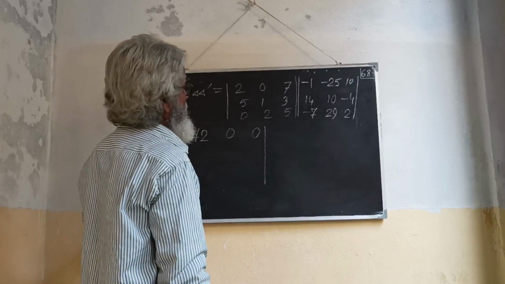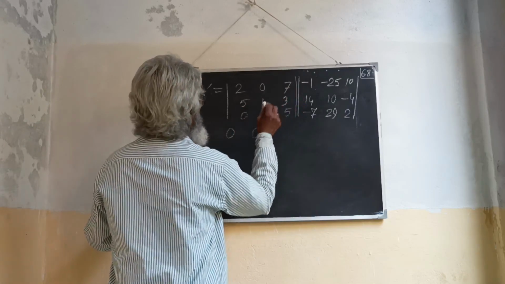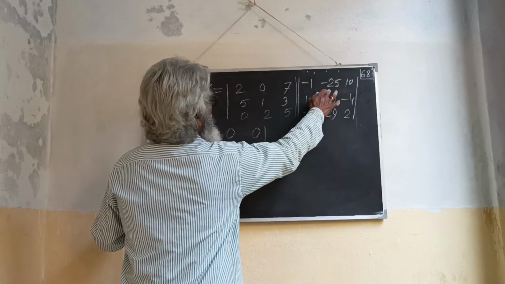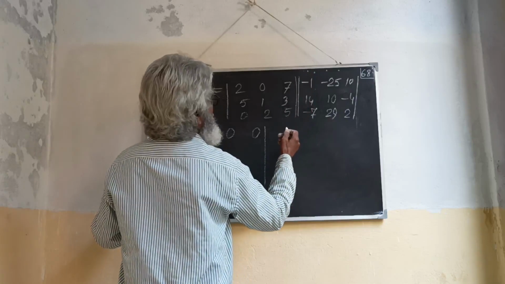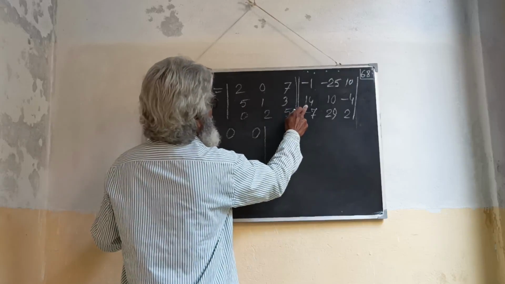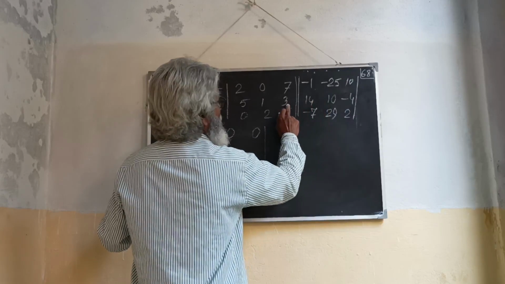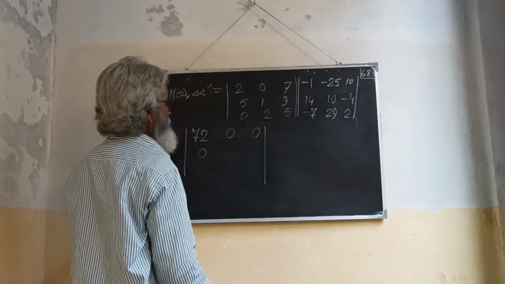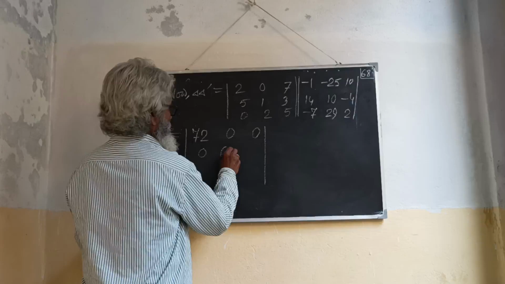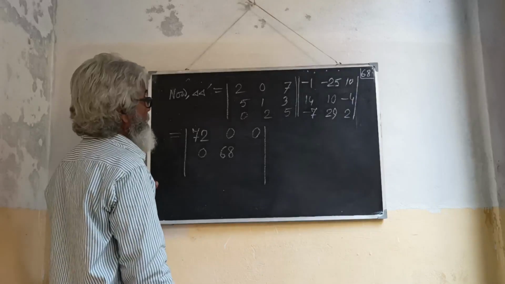We are very lucky, I think. Now, minus 5, minus 25, minus 30, plus 30, so this is another 0. 70 plus 10, 80, minus 12, so it will be 68.